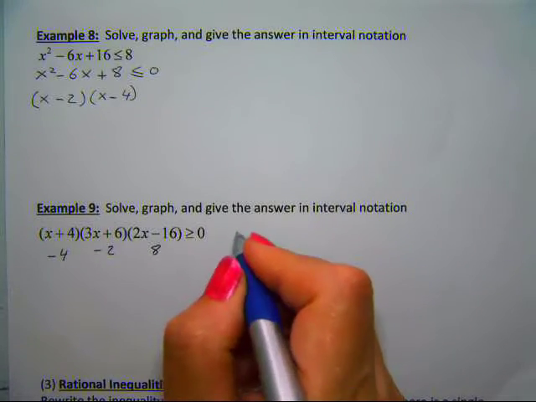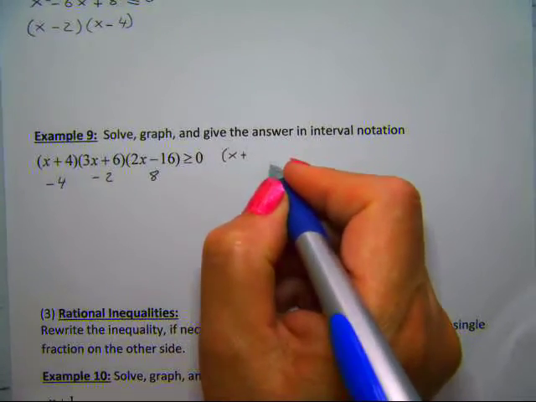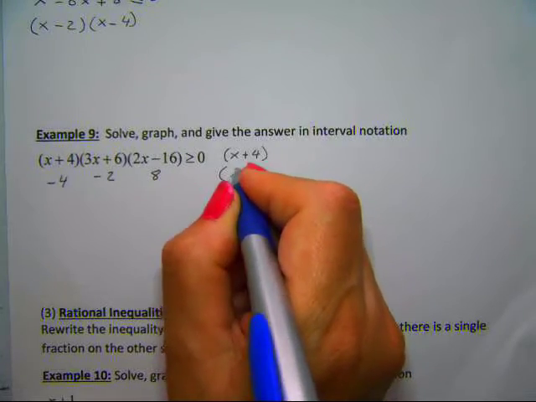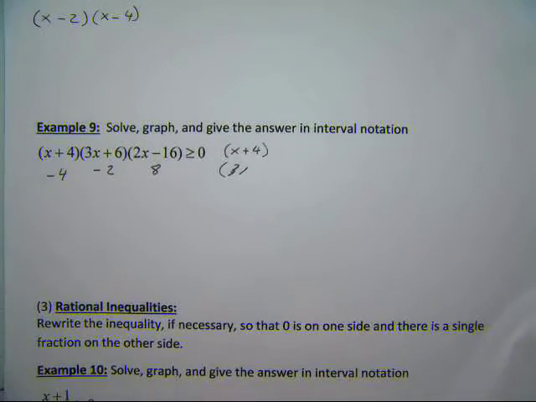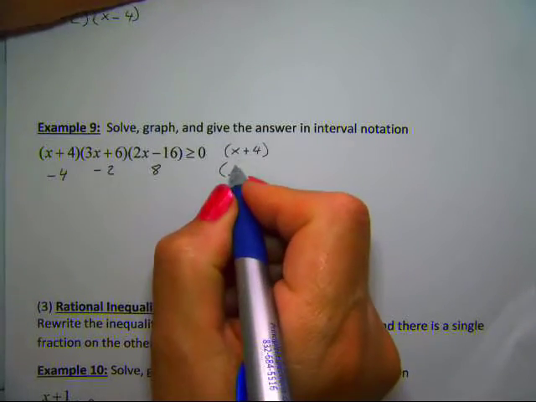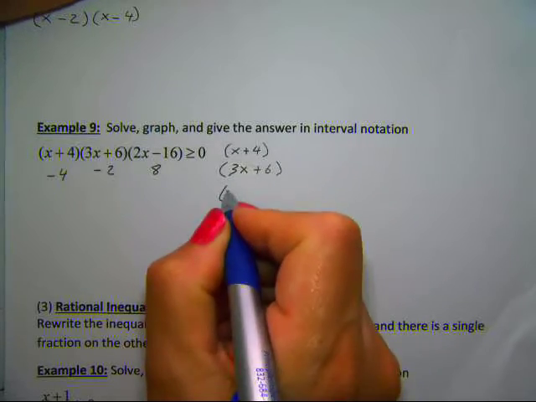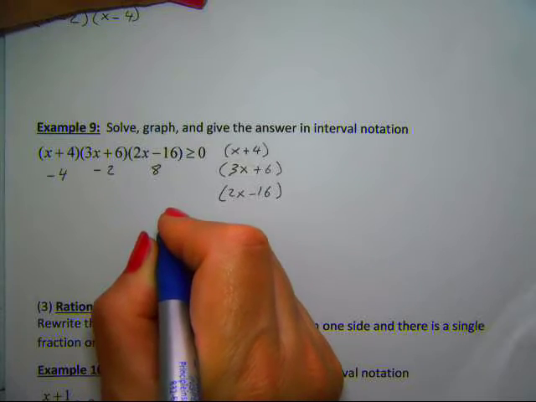So now, here's what we're going to do. We're going to have all 4 lines. Let's see why. The 3 factors, x plus 4, 3x plus 6 and 2x minus 16, and in the 4th line I'm going to have the product of all 3.